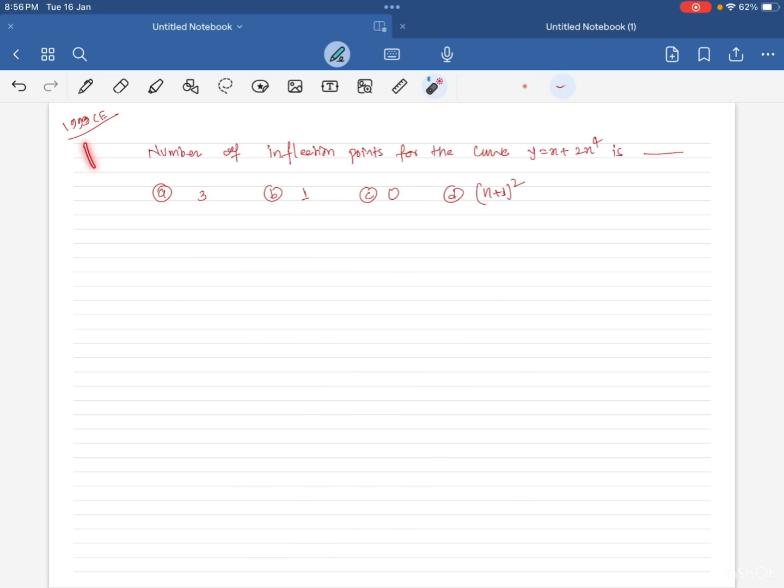So this question is from 1999 CE. The number of inflection points for the curve y is equal to x plus 2x to the power 4 is 3. So what is an inflection point? It is a point where the curve changes its concavity, right?